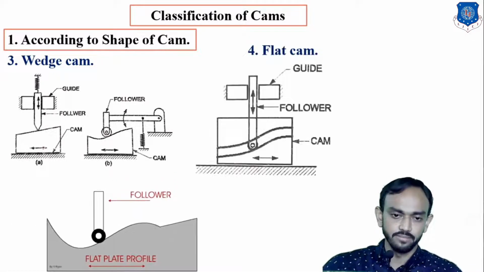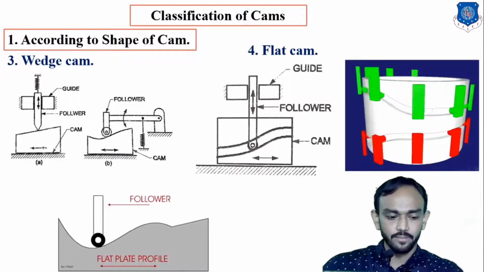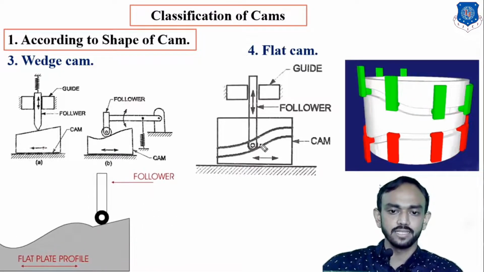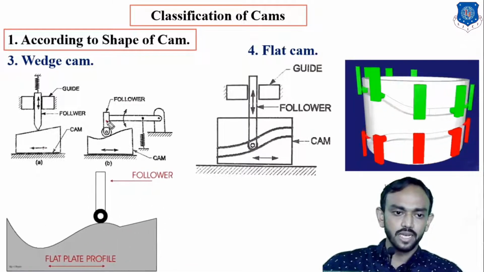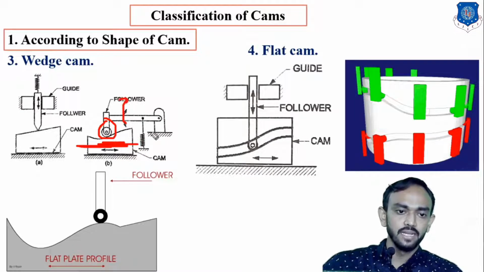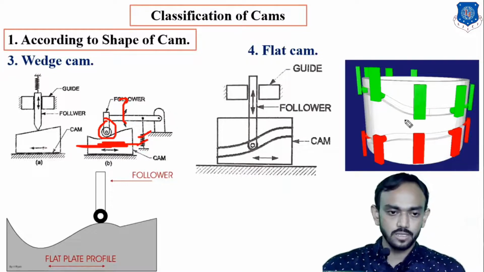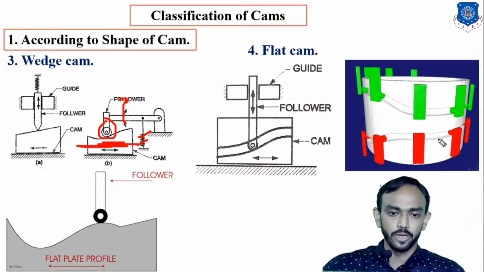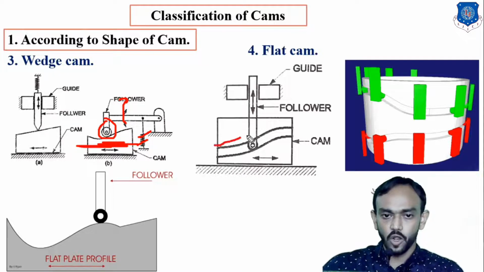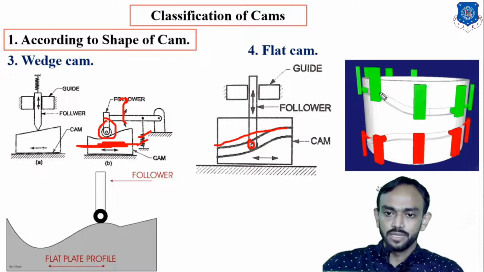Same type, but there is a minor difference: the flat cam. In the flat cam you can see there is a slot, whereas in the earlier case the roller is totally free. If the plate is moving at very high speed and no spring is given, there is a possibility that the follower moves upward, and there is a possibility of loss of point of contact. But if there is a slot here and the follower is fixed in it, then there is no such possibility.